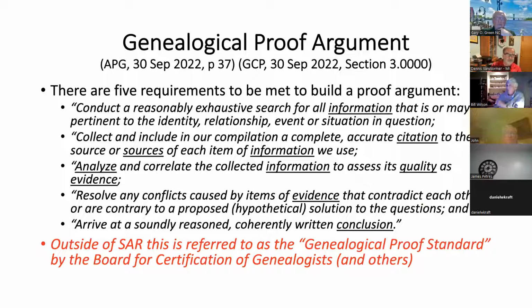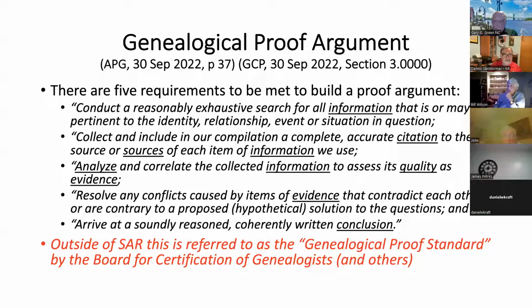This may look like just restating it, but these are the official words from the Board for Certification of Genealogists, which are also used in both the APG and the GCP. And basically, I like this because this tells you in a word statement exactly what you're expected to do in each of those 5 steps, or to meet each of those 5 requirements for a proper proof argument.